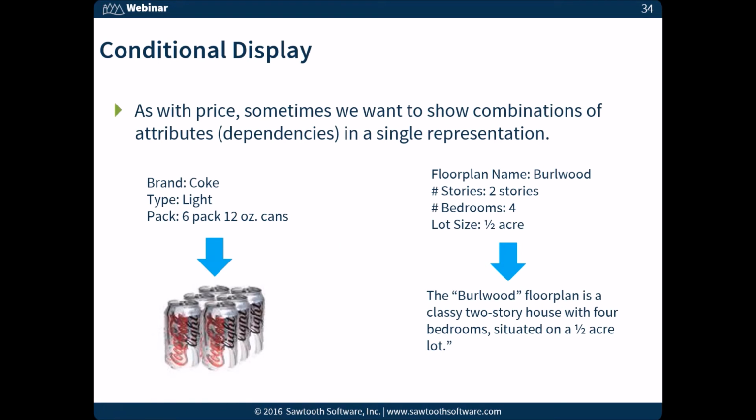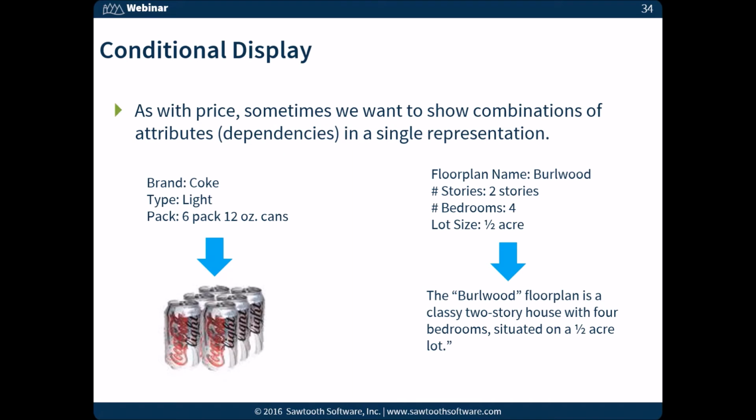So I talked a lot about pricing, but the other powerful feature is that you can use this for display as well. As with price, sometimes we're going to want to show different combinations of attributes in a single representation. So we have brand, we have type, and we have pack, and these are going to combine together to show one image.